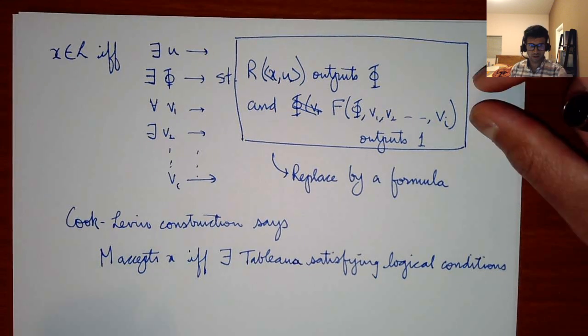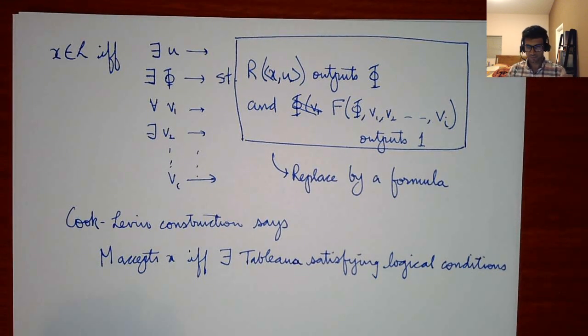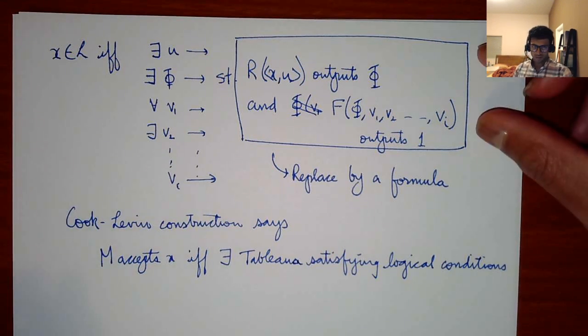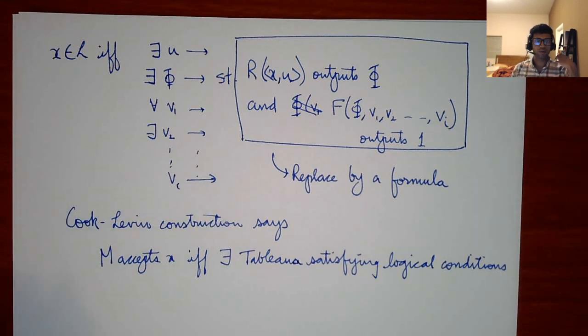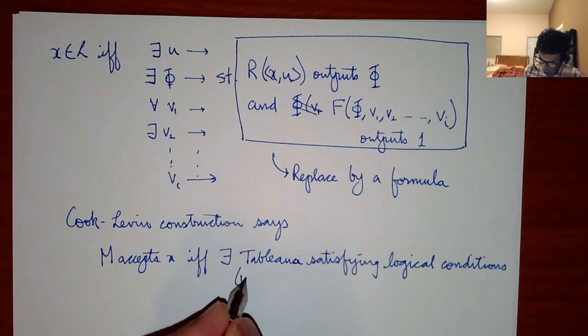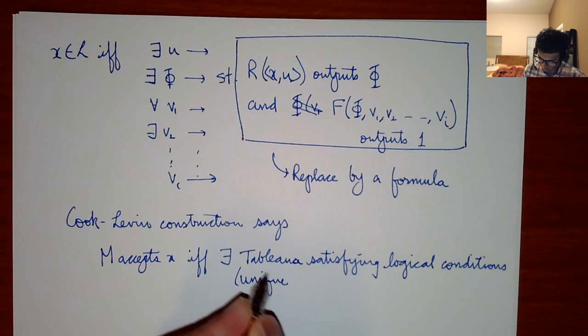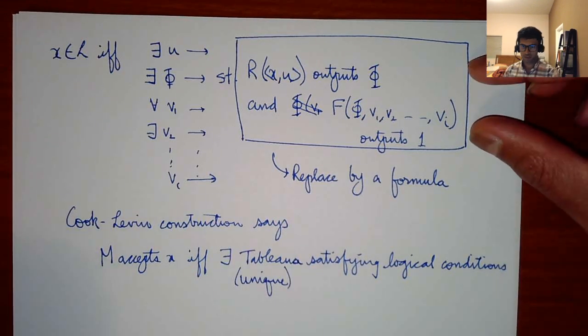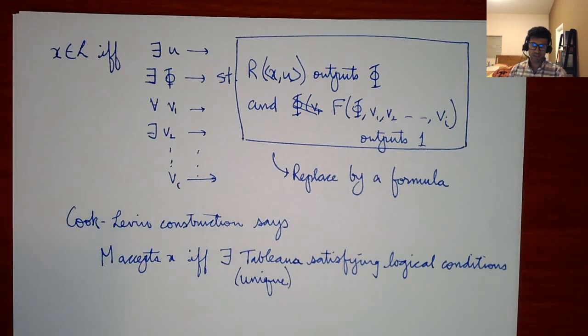Now this is actually a deterministic procedure. The tableau is unique: there's only going to be one accepting tableau for the case of a deterministic Turing machine. So M accepts X if and only if there exists a tableau satisfying some logical conditions.